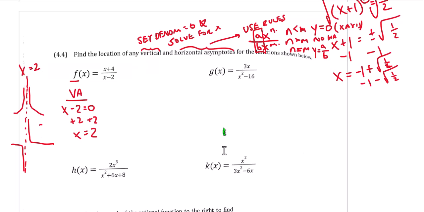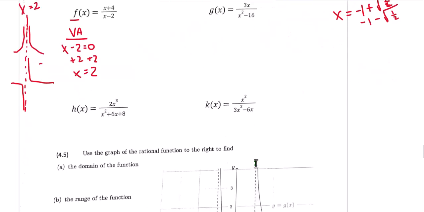In function h, always remember that the first thing you have to do to find your vertical asymptotes, before you actually figure out what makes the denominator equal to 0, if you have a quadratic trinomial like this, or really any polynomial that can be factored, is you always want to factor first.